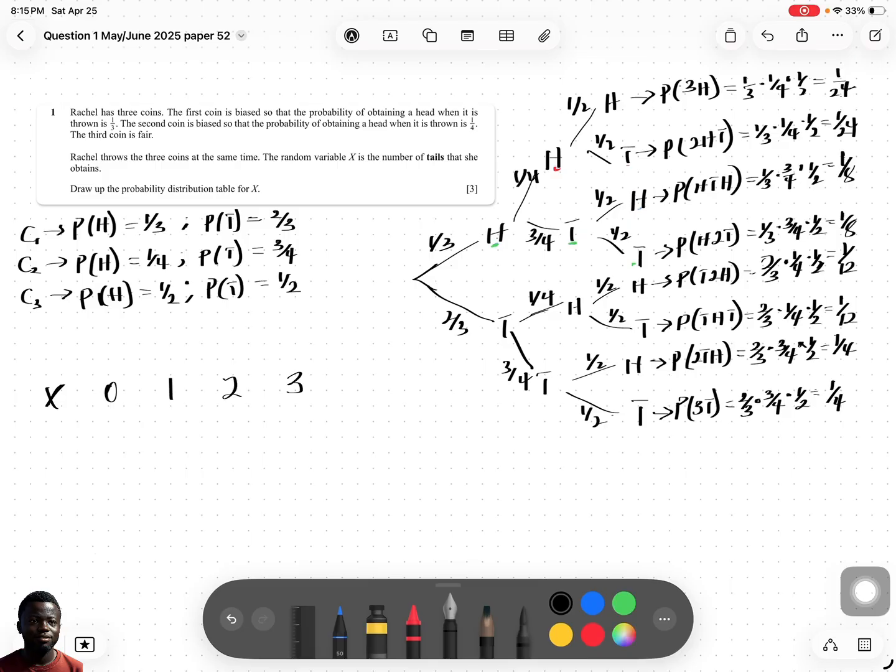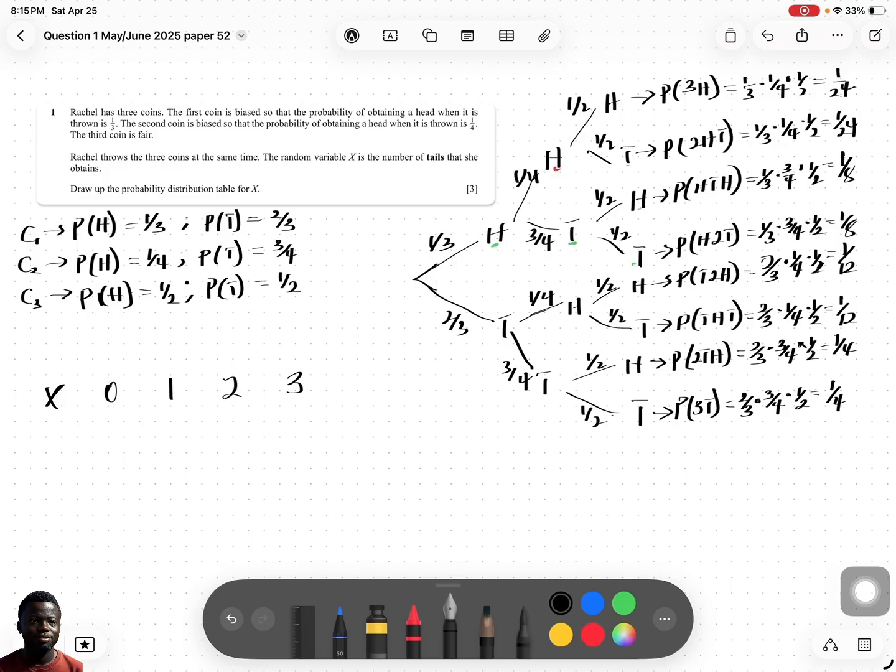When x is equal to 0, it means we had 3 heads. When x is equal to 1, it means we had only 1 tail and 2 heads. When it's equal to 2, it means when she threw the 3 coins, 2 of them were tails and 1 was head. Then when we have the number 3, it means we had all 3 coins showing a tail.